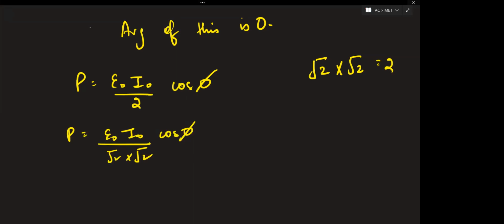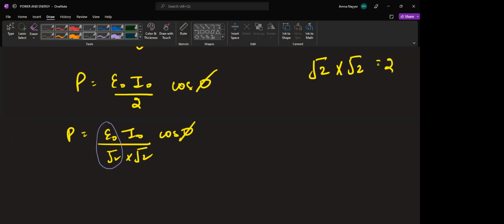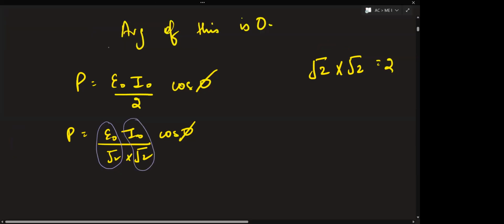Can anybody tell me what is E naught by root 2? Yes, class, E naught by root 2, I naught by root 2. Who has answered? Sahar. Perfect. This is ERMS, this is IRMS.